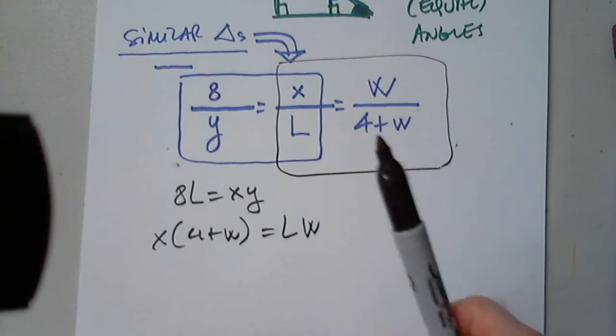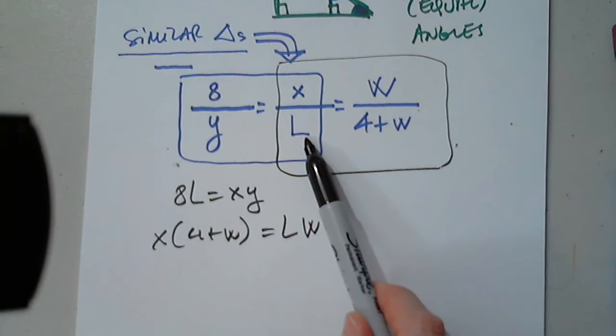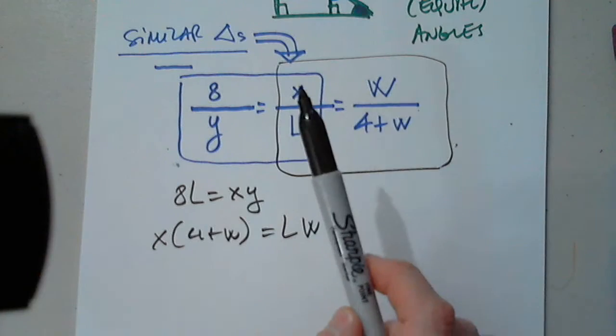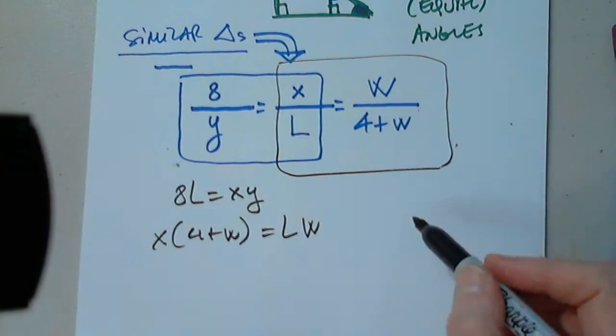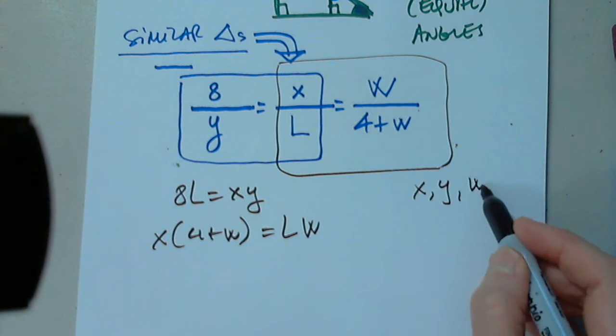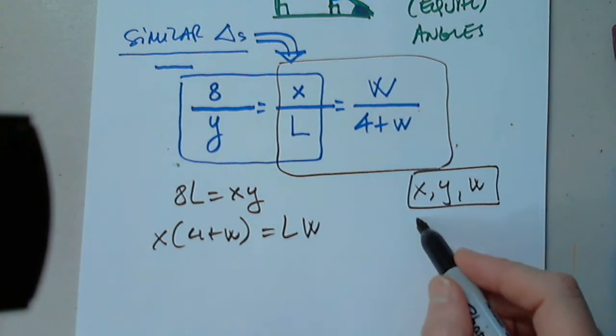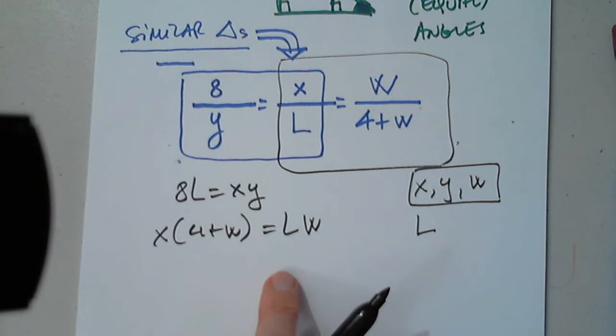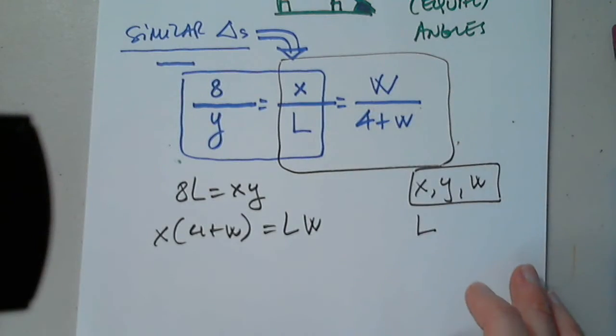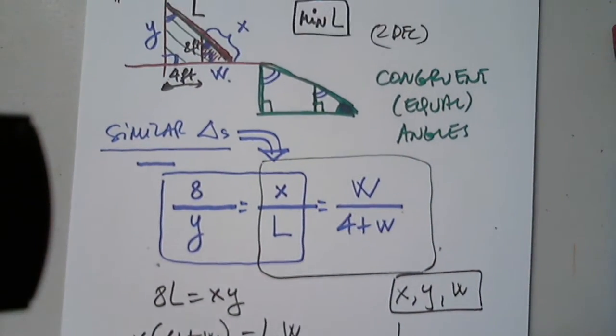Now, notice that I have here eventually a function of one variable, but I have X, Y, and W, and really, I'm looking for L. So right now, I only have two equations. Is there anything else I could come up with?